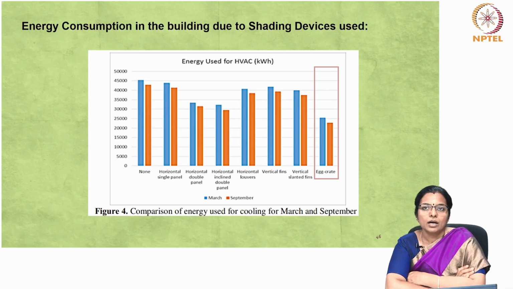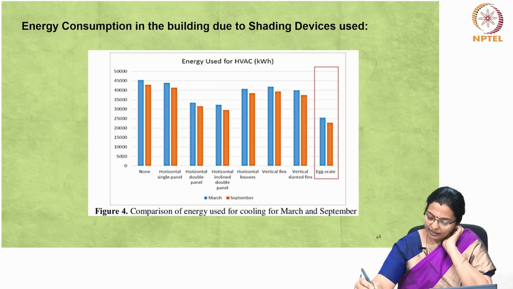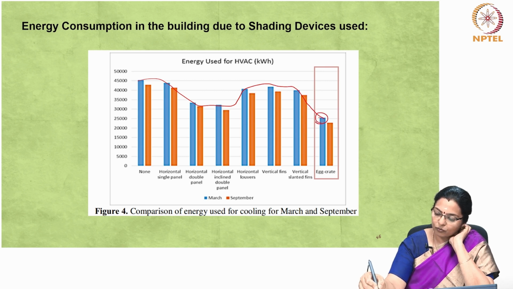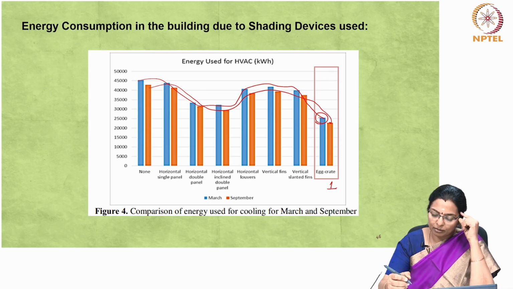output. So, in this figure, this illustrates a consistent trend in energy consumption between March and September, and we can see that egg crate, this is March, egg crate has the least energy consumption for March, and also egg crate has the least energy consumption for September. So, this stands out as number 1. We can see that the horizontal panel, single panel is least effective.